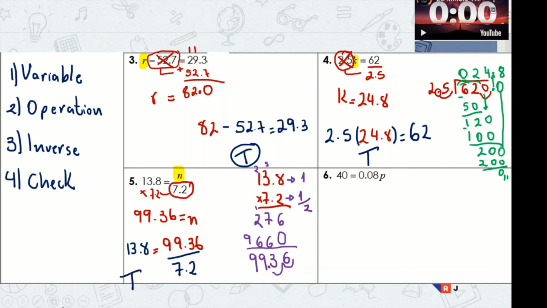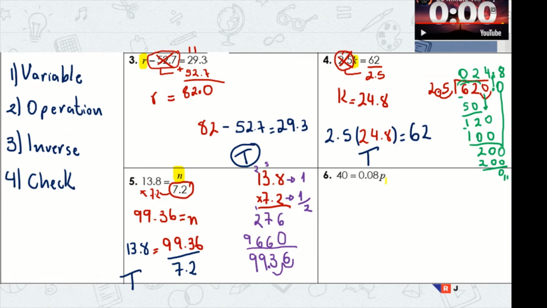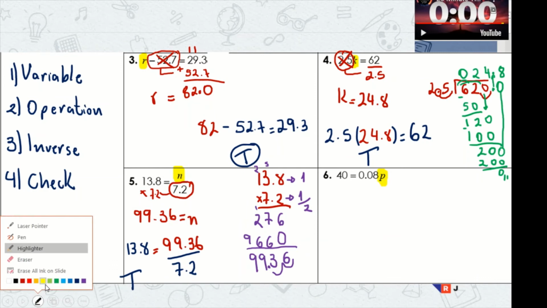And the last one, number 6. I have here 40 equals 0.08p. How can I do it? Where is the variable? Yeah, to the right here, p. Here's my p. What is the math operation tied to the variable?